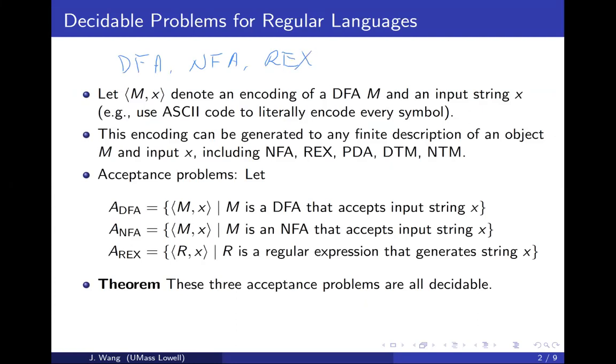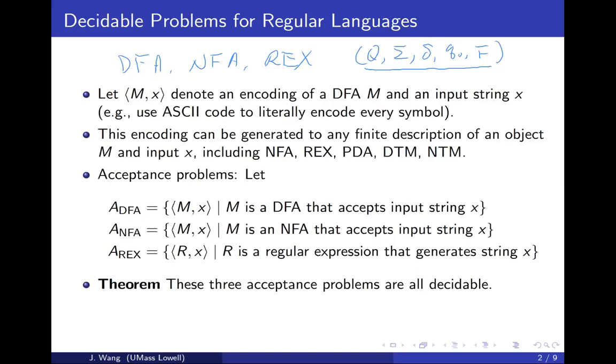For the DFA, for instance, the description of a DFA is a 5-tuple. You have a finite set of states, a finite alphabet, a finite definition of a transition, a start state, and a set of accept states. So all of these can be represented as a binary string.